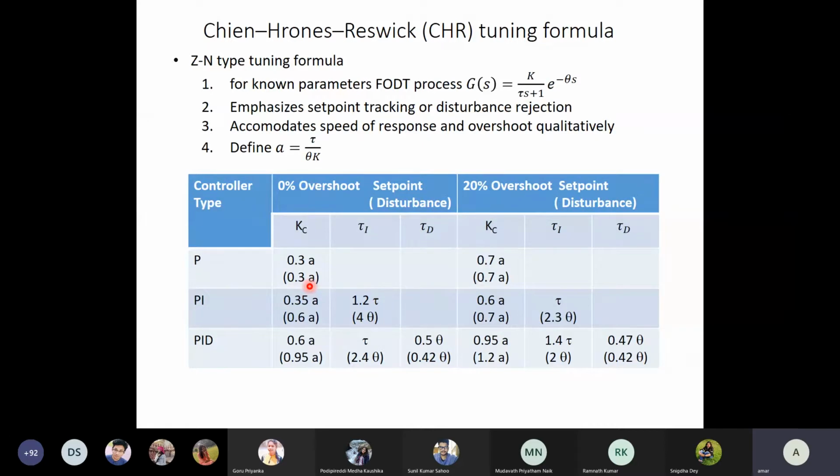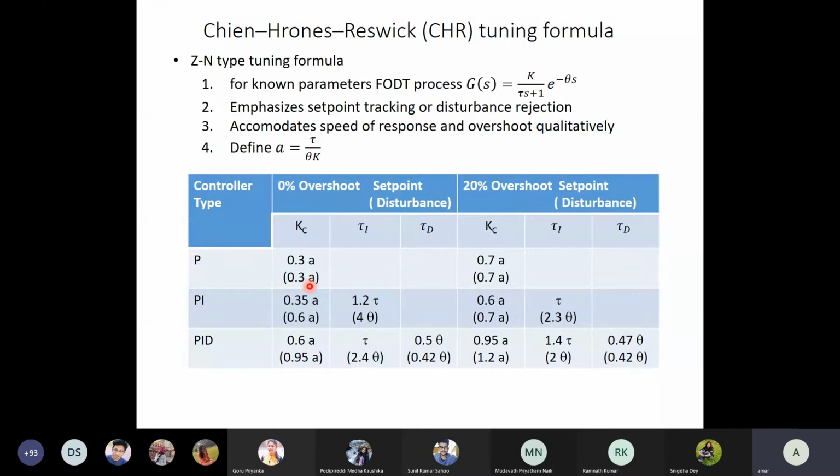If I go for 0% overshoot, then the speed of response will be slow. If I go for 20% overshoot, then the speed of response will be fast. So these are the three popular empirical tuning formulas which can be used.